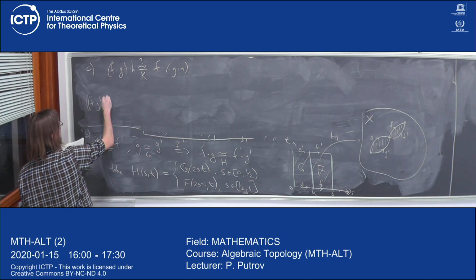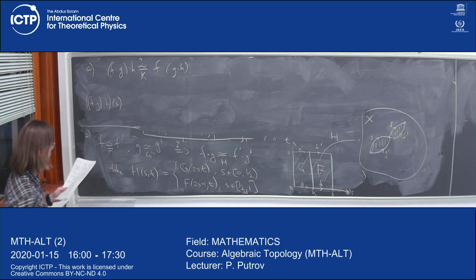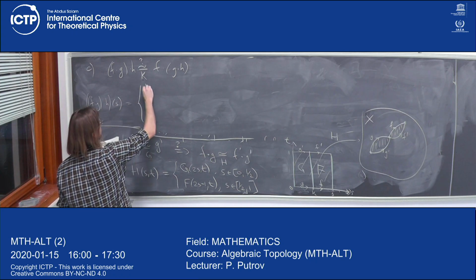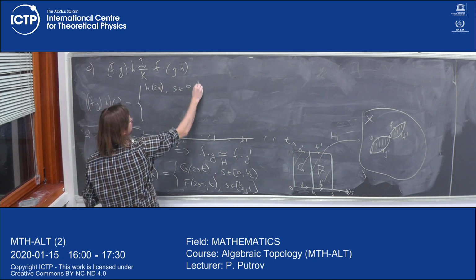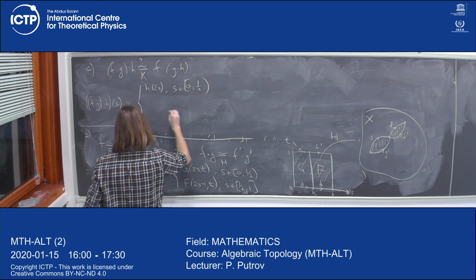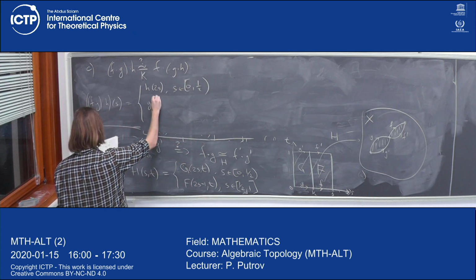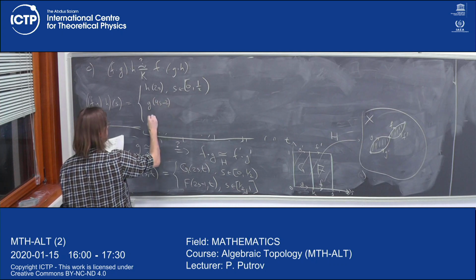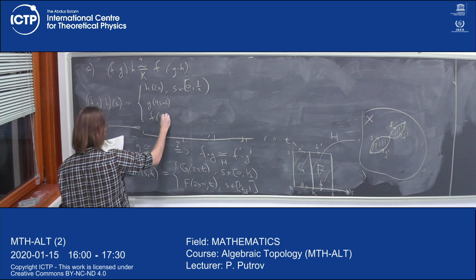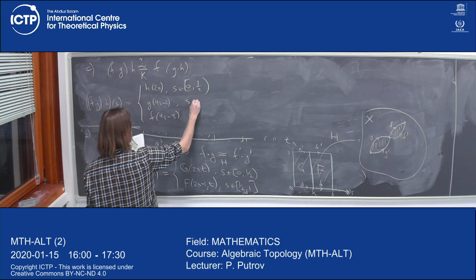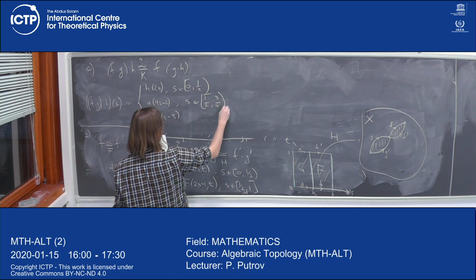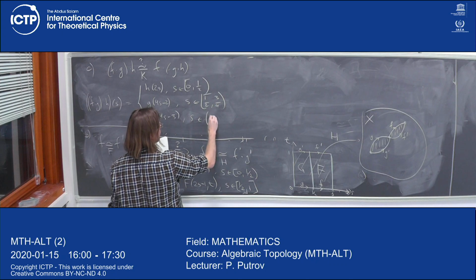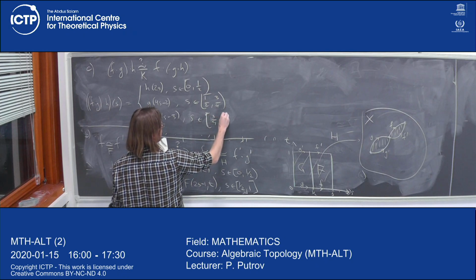So this composition, the value at s, is given by the following formulas: h of 2s is half, and then it's g of 4s minus 2, and that will be f of 4s minus 3, and this is for s from 3/4 to 1.